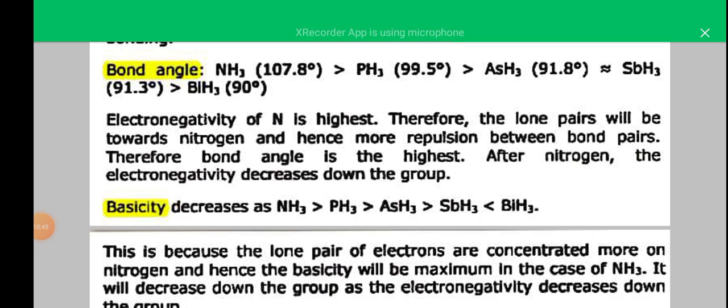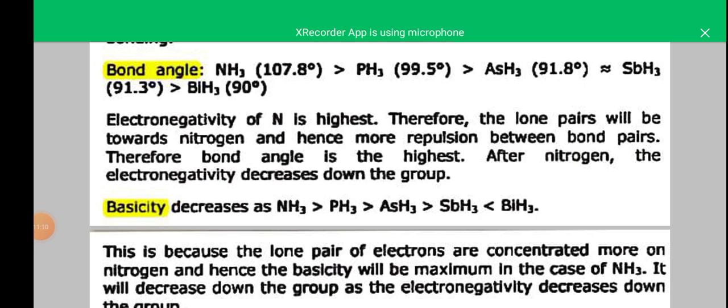The reason for this bond angle order is as follows. The electronegativity of nitrogen is highest, therefore the lone pair will be towards the nitrogen atom, hence more repulsion between bond pairs in NH3. That is why the bond angle in NH3 is highest.